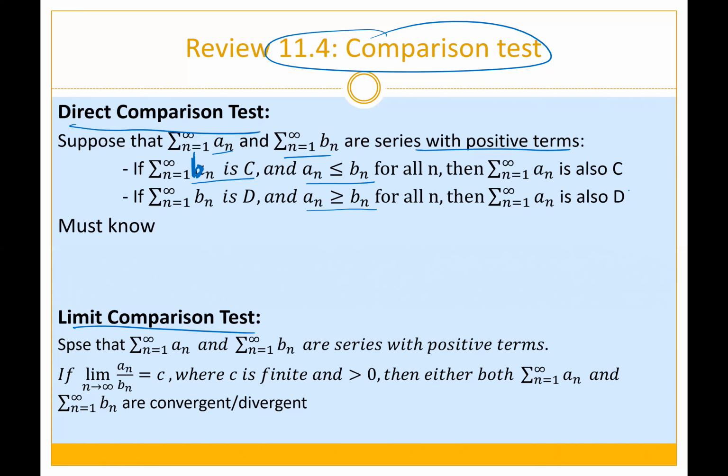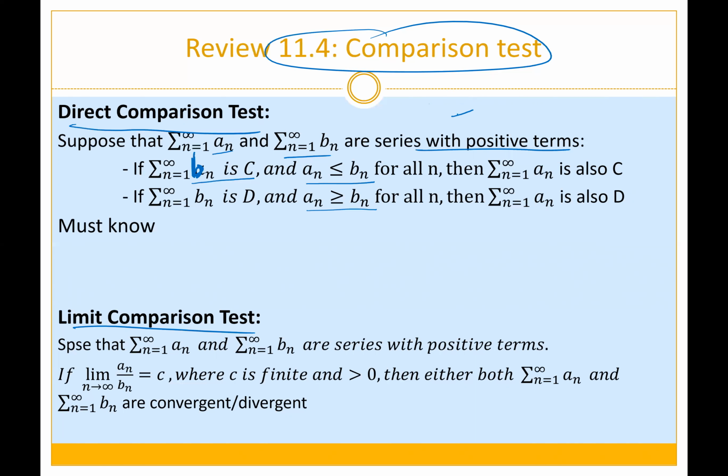So basically it's saying if you have a bigger series and it converges, then the smaller one will also be restrained and also converges. In another way, if you have a smaller one that already diverges, so it's already blowing up, then the bigger series is also going to blow up. So if something already small converges, then something smaller also converges.